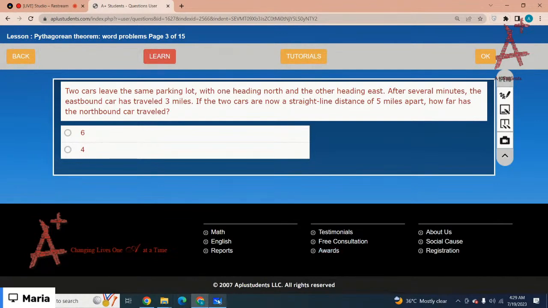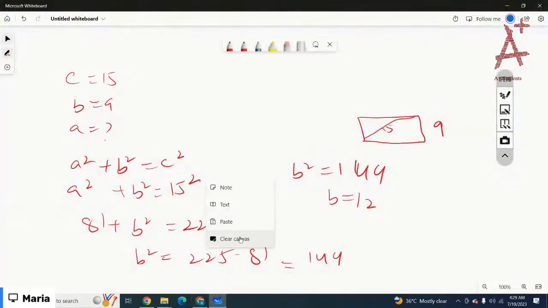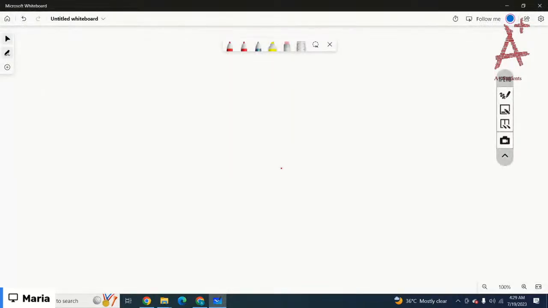Okay, 5 miles apart and 3 miles. 5 and 3. You have to calculate a.